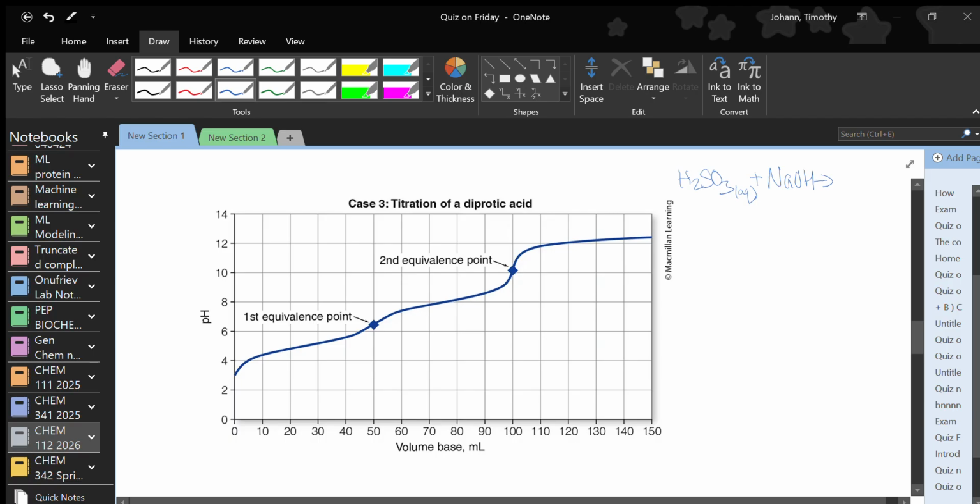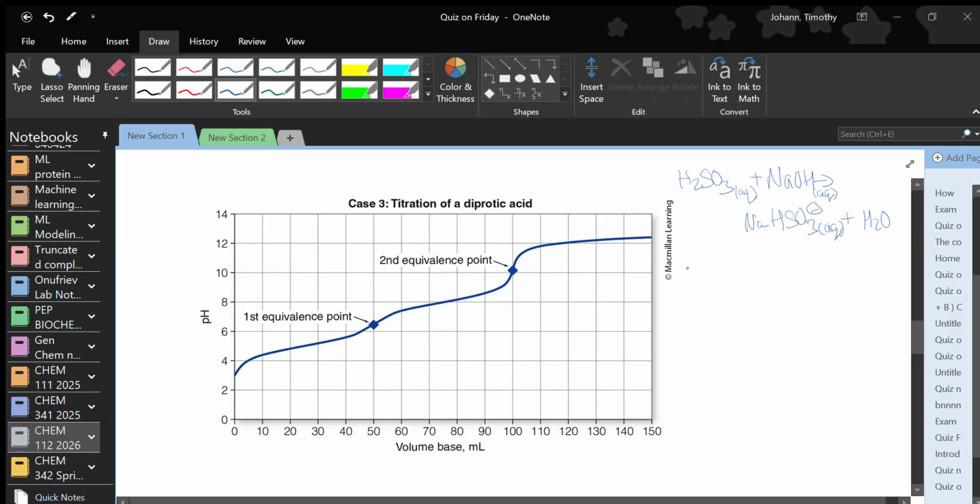Okay, so we're going to have the first reaction that gets us to the first equivalence point, which is going to make us HSO3 minus plus a water. It is going to be an Na because we have to have a counterion with it.